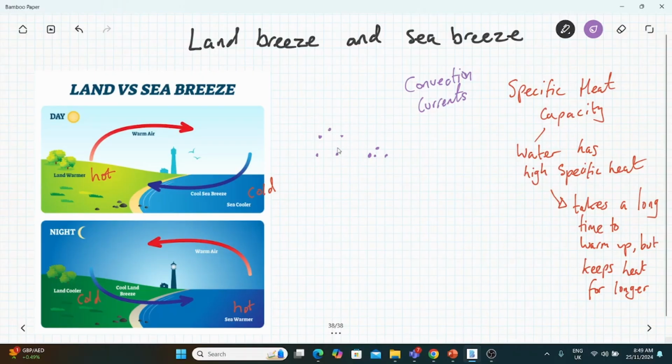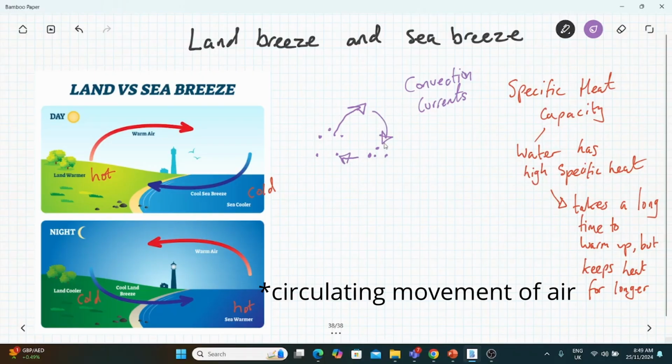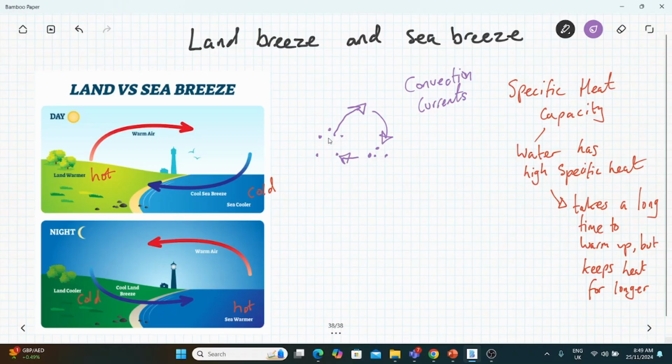That causes them to become less dense and they rise. And it's replaced by colder air, otherwise it's going to leave a vacuum. So you end up with this circulating movement of air, where the warm air rises because it's less dense, and it's replaced by colder air, and the whole thing just keeps on moving round and round in circles. And this is what's happening over here with the sea breeze.